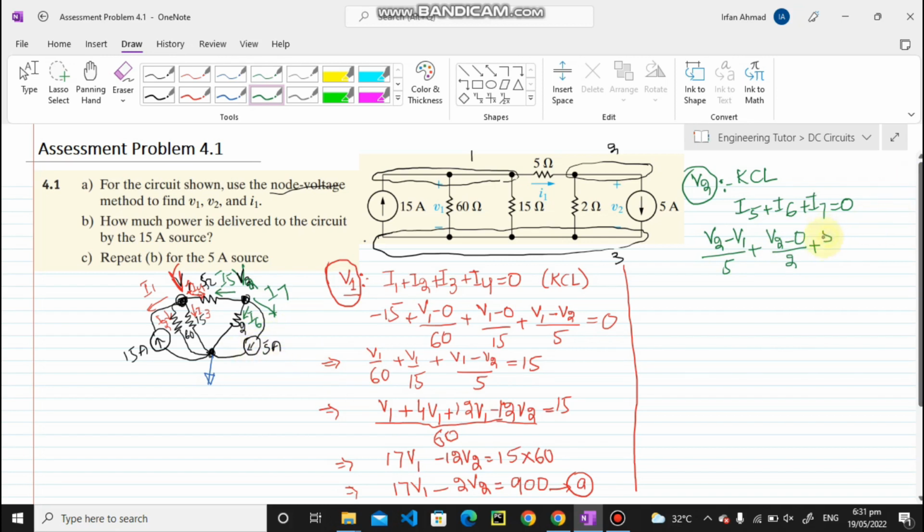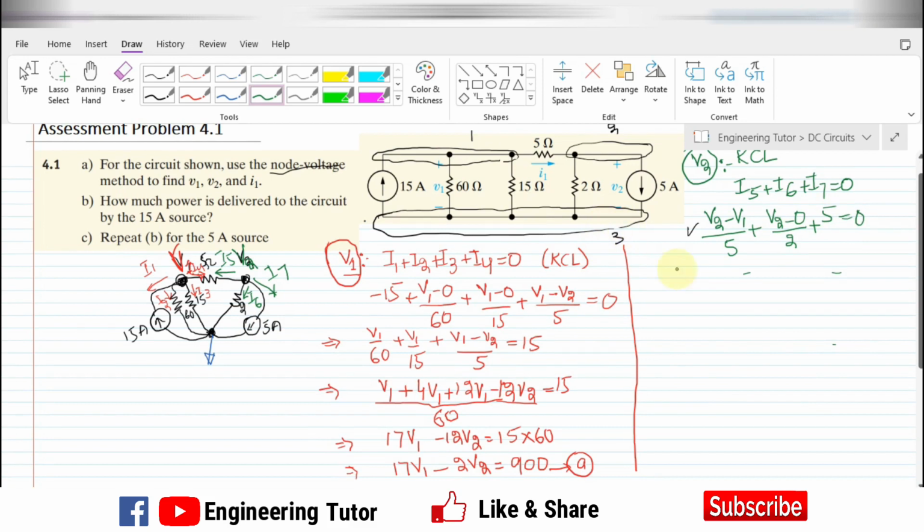So this is equal to 0. So this is our equation here. In order to simplify it, let me take the LCM here, which will be 10.